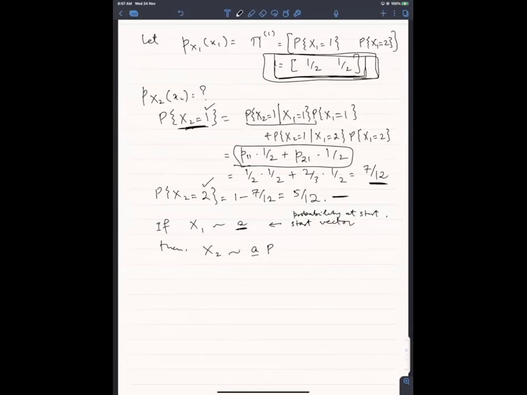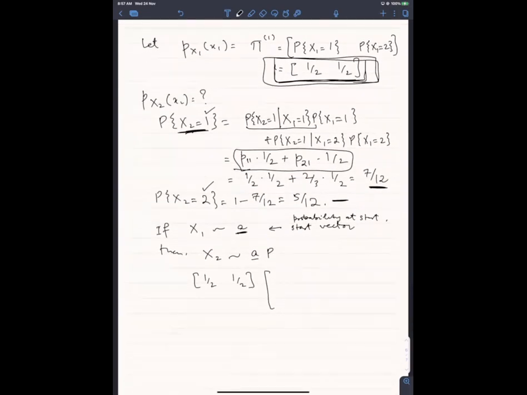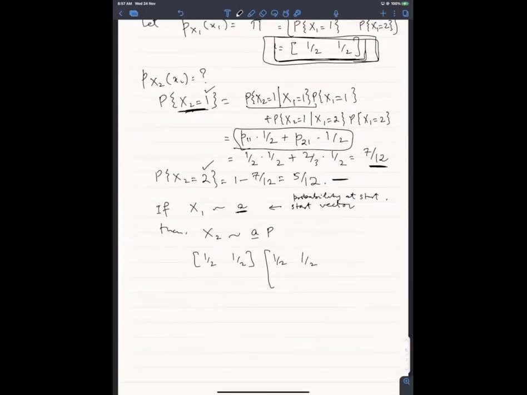How do you verify this? This is basically, you started with 1/2, 1/2, and then you have this probability transition matrix, which is 1/2, 1/2, and then 2/3, 1/3. So this guy multiplied with this guy. So first you take this guy, multiply with this guy, and then this guy multiplied with this guy, and add them together. Okay? So matrix multiplication यहाँ पे हो रही है.